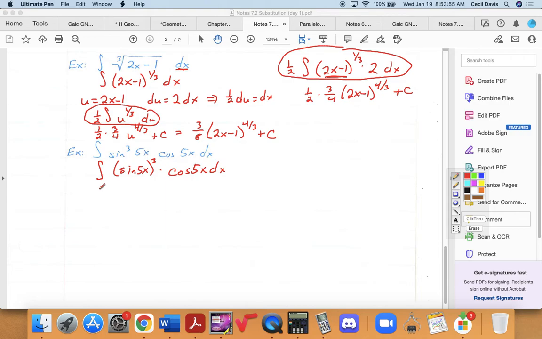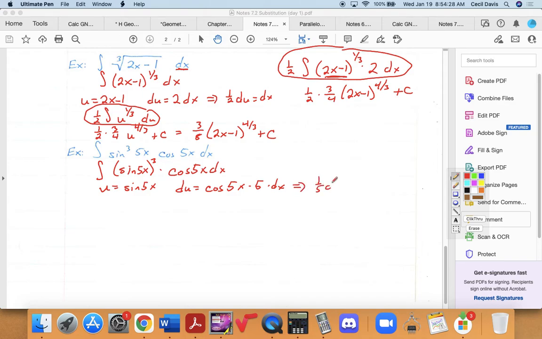Again, just like we've been doing, we'll let u be equal to the inner function, sine of 5x. Then du would be 5 cosine of 5x times dx. So we have, divide both sides of du by 5. Right.